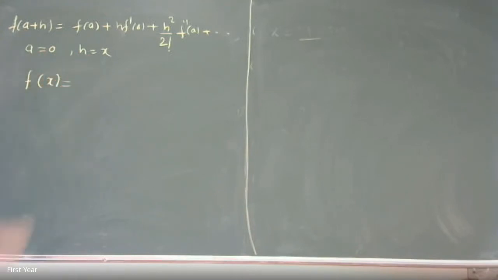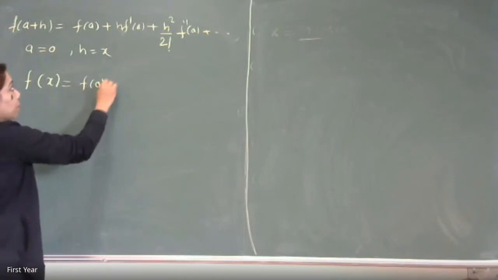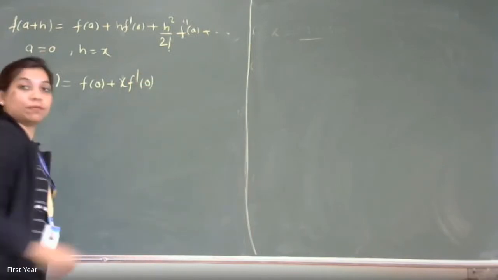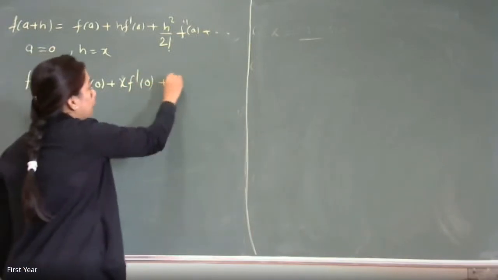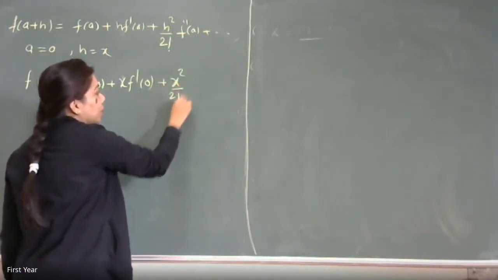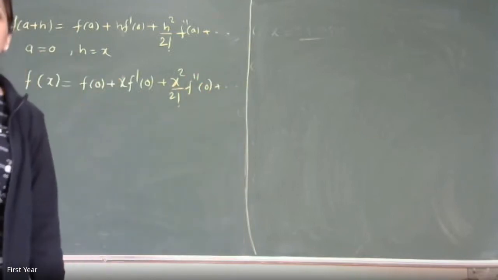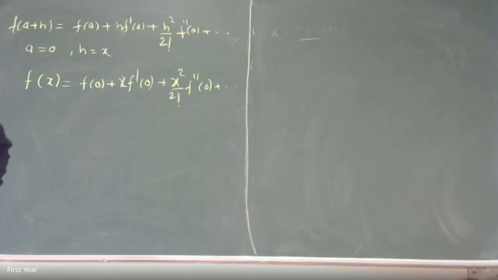So f of x is equal to f of 0 plus x f dash of 0 plus x square by 2 factorial f double dash of 0 and so on. So this is your Maclaurin series expansion.